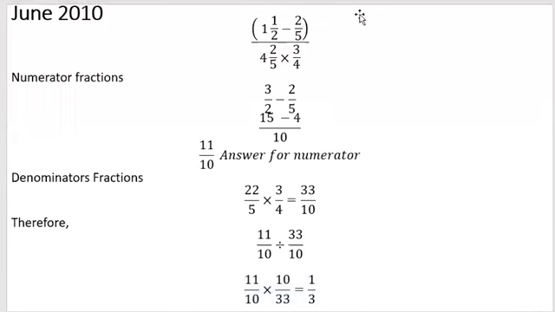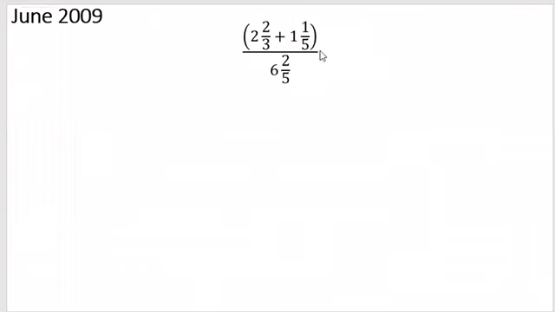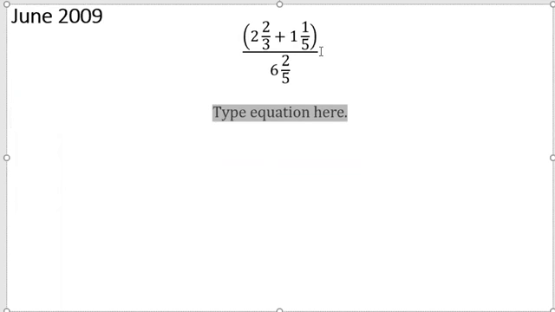So now we move to June 2009. As you can see, that's kind of the trend with the questions from CXC. So now we work our numerator fractions first. So I have 2 3s 6 plus 2 8 over 3, and that is plus 5 1 5 plus 1 6 over 5.